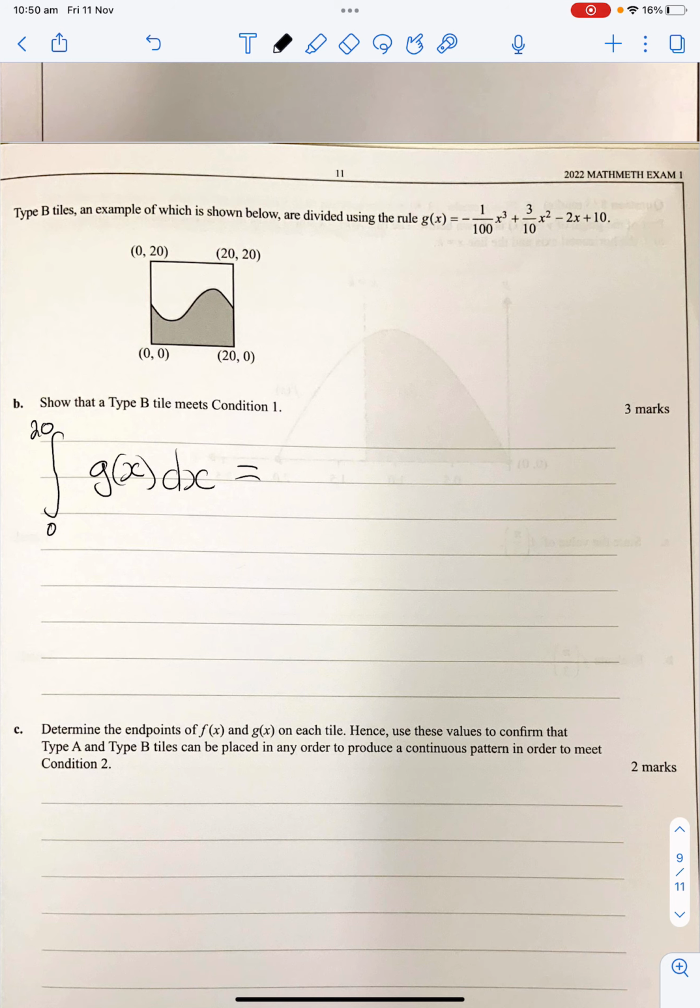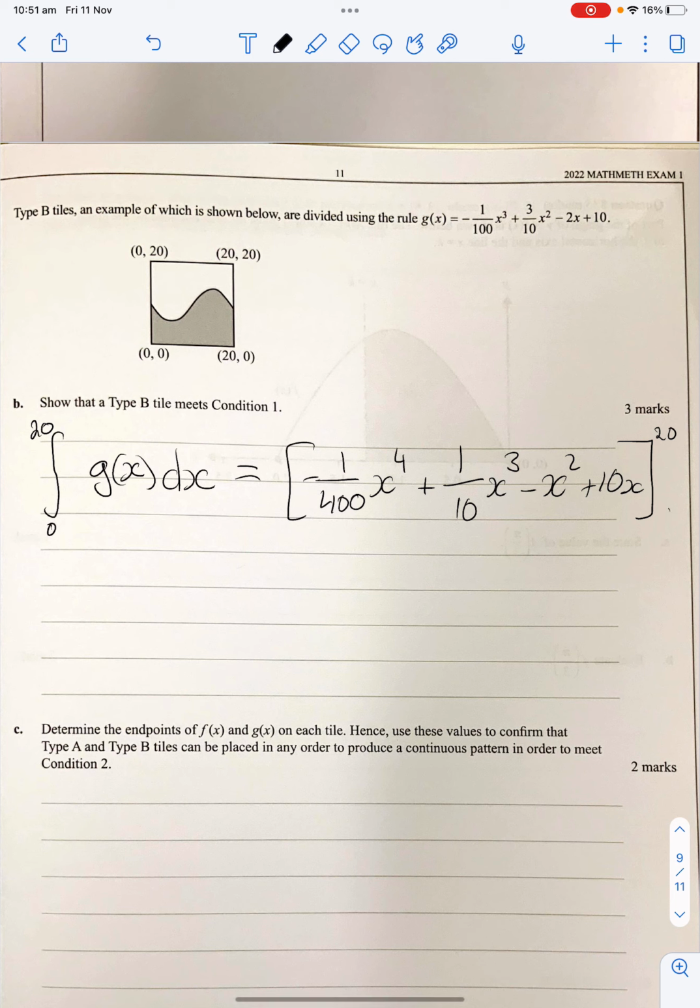so x cubed becomes x to the 4 divided by 400. So negative 1 over 400 x to the 4 plus x cubed divided by 3. So 1 over 10, because the 3's cancel, x cubed, minus 2x squared divided by 2 plus 10x.